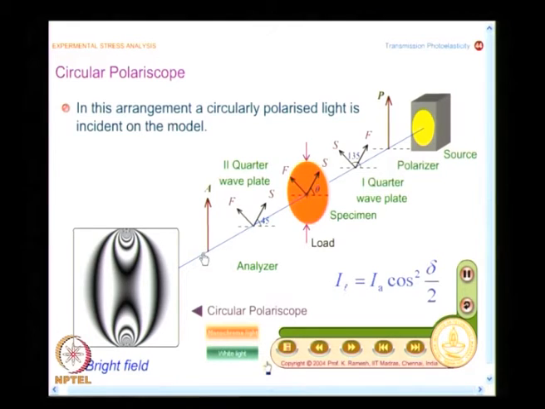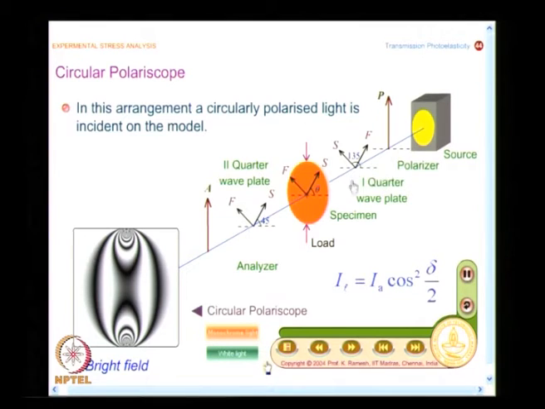So, in a circular polariscope, I have 2 elements before the model and 2 elements after the model. And if you watch it very carefully, I have the fast and slow axis, and the slow and fast axis of the second quarter wave plate are crossed.